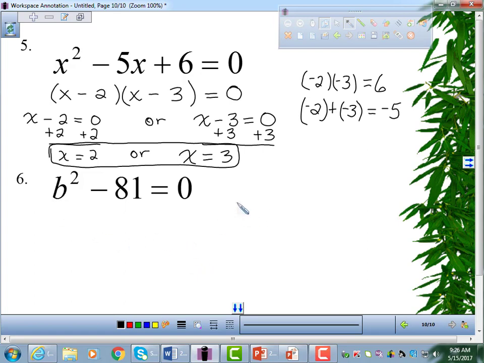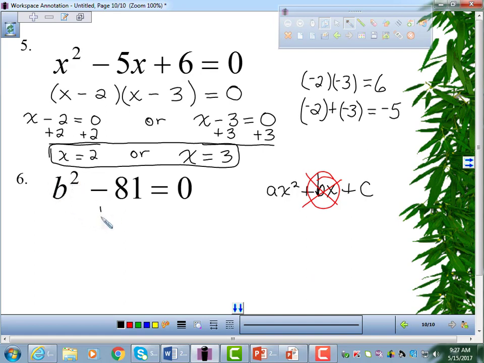All right, on number 6, we talked about when there was no bx, you have ax squared plus bx plus c. When there is no middle term, you can use the square root method. You use the square root method by isolating the b squared.